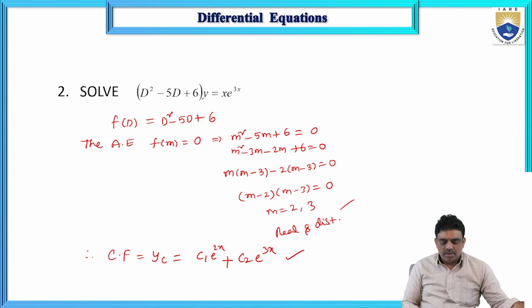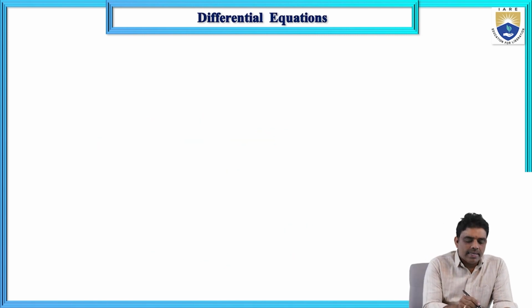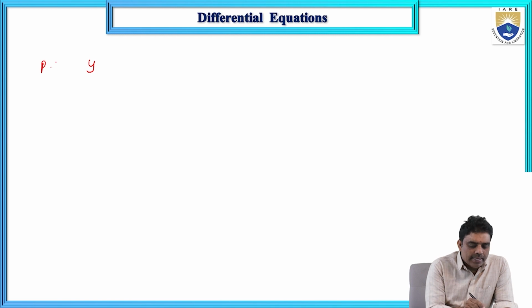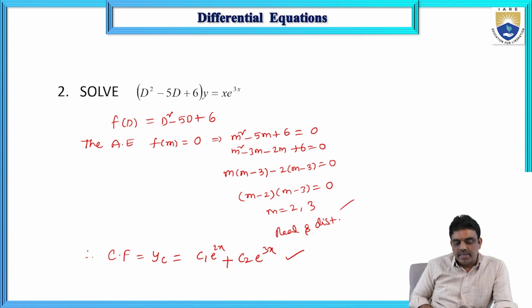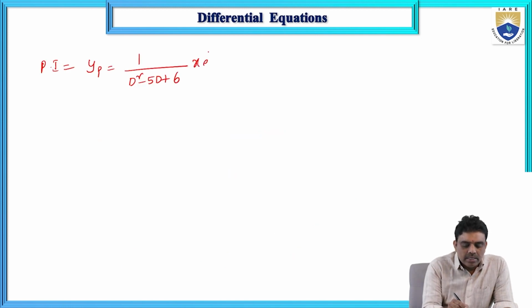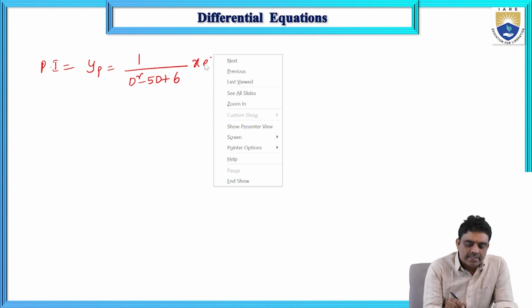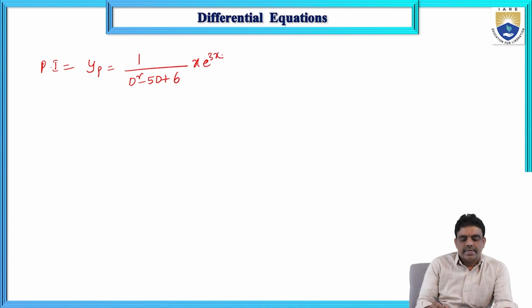Now find the particular integral. How to find the particular integral? The particular integral yp is equal to 1 by d square minus 5d plus 6 of, what is the function given here? x e power 3x.